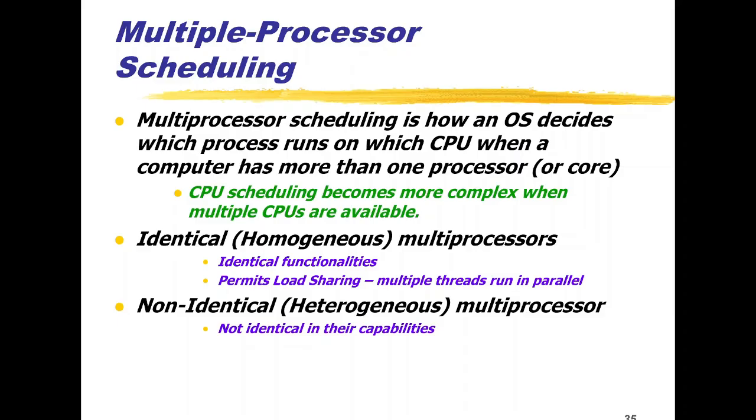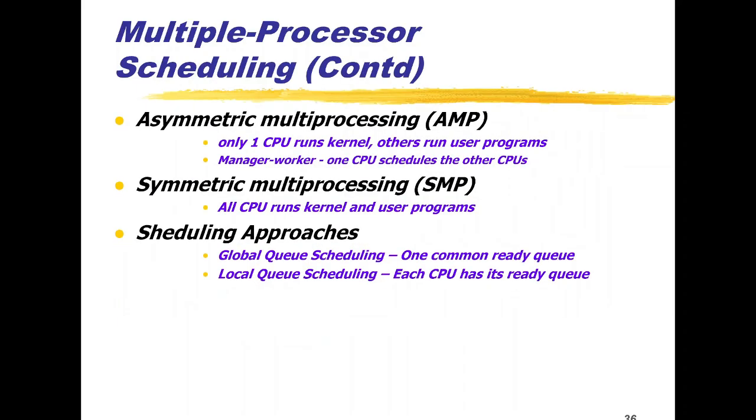We also have non-identical, or heterogeneous, multiprocessors. They are not identical in their capabilities, so load sharing has to be done much more carefully. We also have what we call asymmetric multiprocessors. In asymmetric multiprocessing, only one CPU runs the kernel, while the others run user programs. So the operating system could be designed as an asymmetric multiprocessing technology.